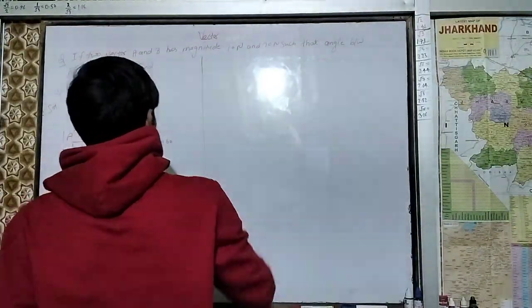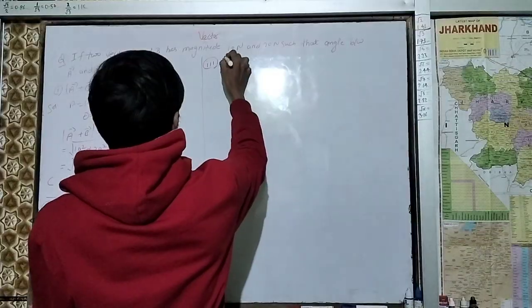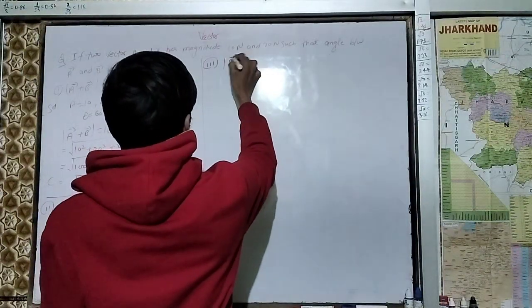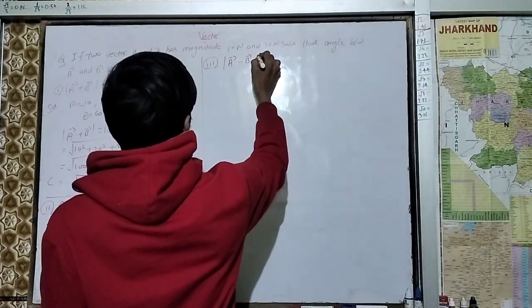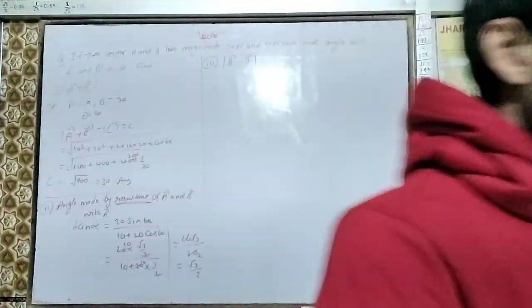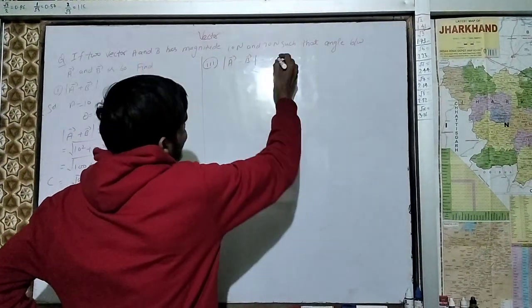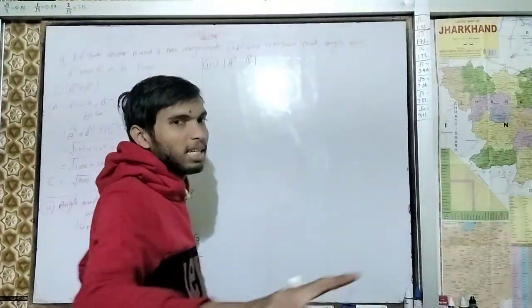Now next, third point. Magnitude of vector A minus vector B. When it comes to subtraction of two vectors, we do one thing, which is what? The sign will change.